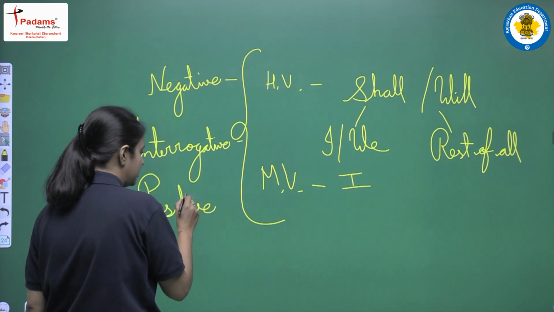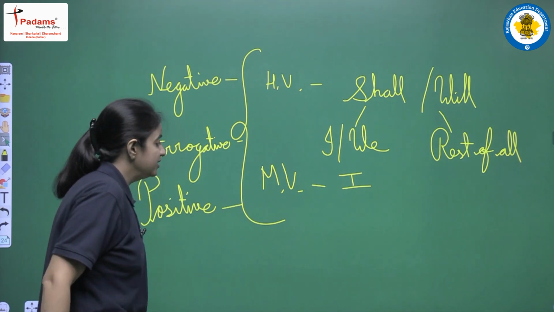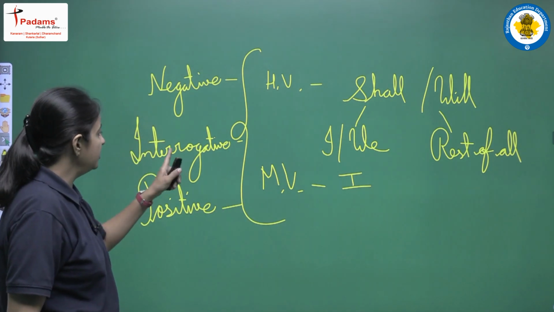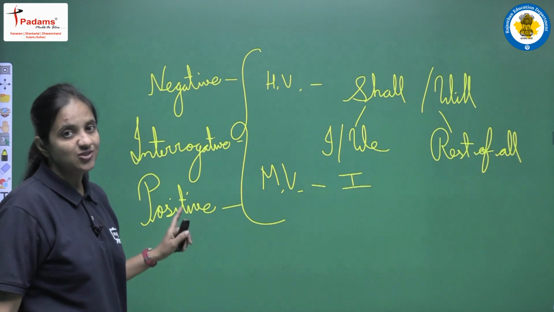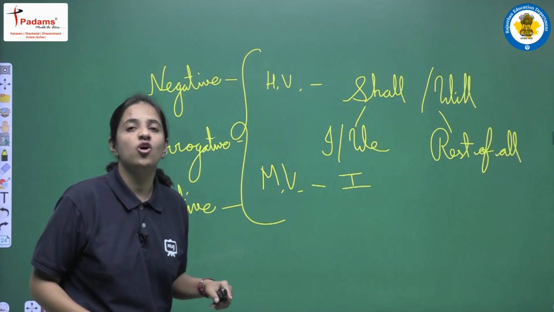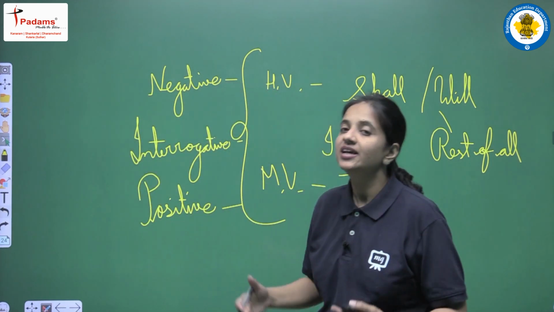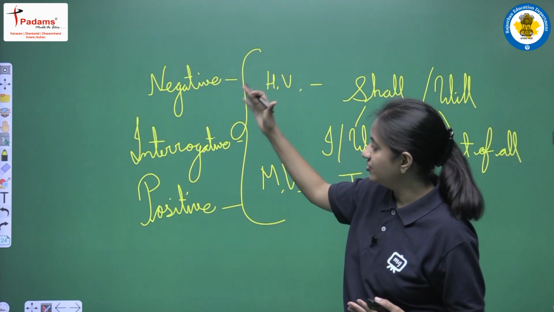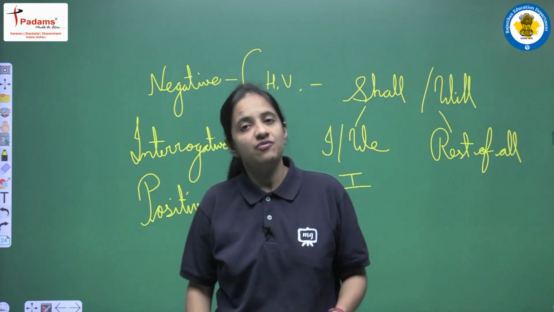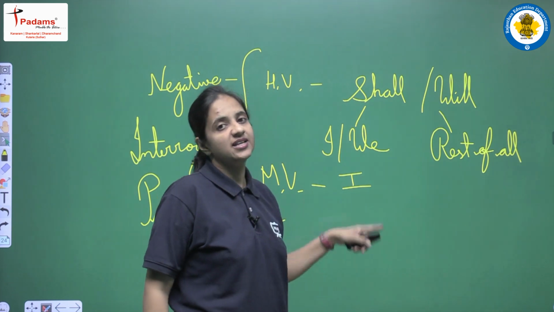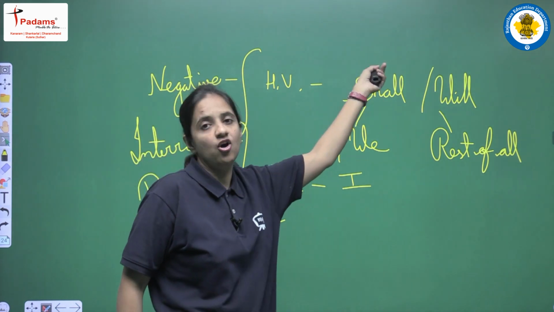Positive means a sentence that is a simple statement that is neither negative nor interrogative. So no matter what kind of sentence we have, we have to use the same rules for the helping verb. We have to use shall or will.